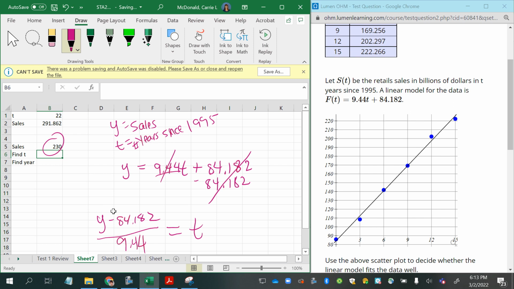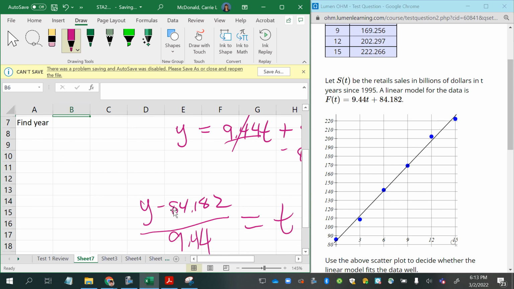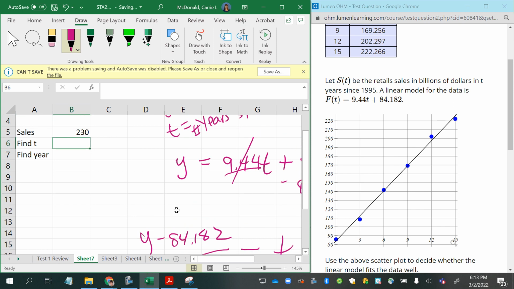Okay, so I'm going to do that here. t equals the quantity 230 minus 84.182, and then divided by 9.44. And then that is the number of years since 1995. So now I'm going to take 1995 and add the number of years to it.